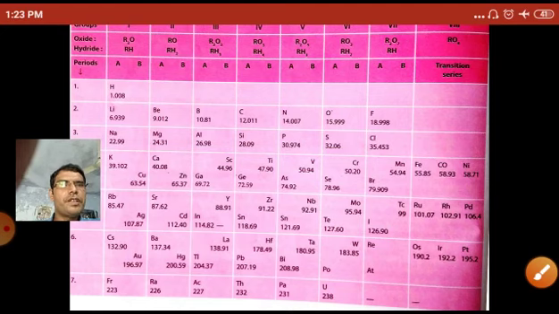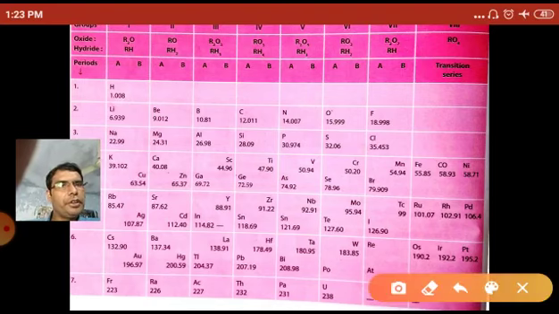So Mendeleev classified the elements into 8 groups and 7 periods. Group number 1, 2, 3, 4, 5, 6, 7. Groups 1 to 7 are further classified into 2 subgroups, A and B.